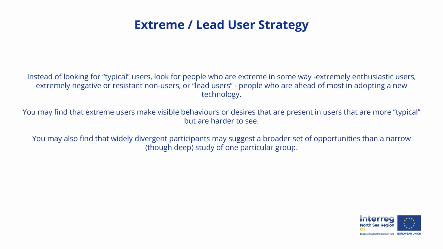An alternative approach to finding your most regular users or your everyday users is to find what's known as lead users or extreme users. So that's people who are maybe not representative but exist at the extremes. Now, how you define the extremes depends a little on the problem that you're looking at.